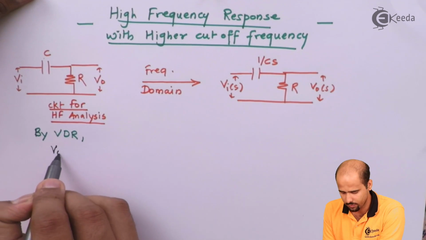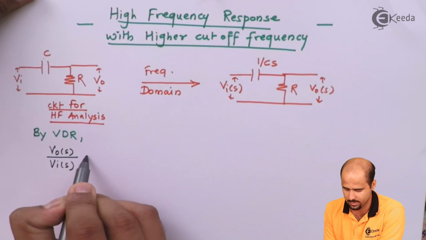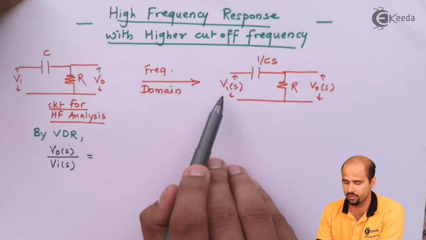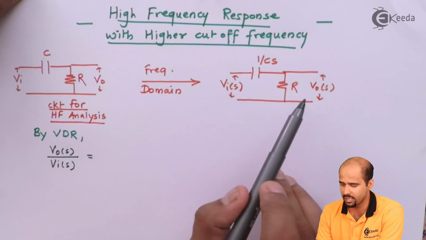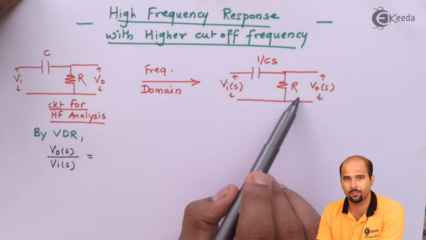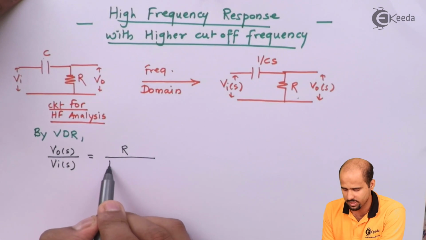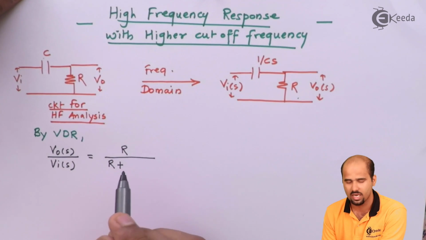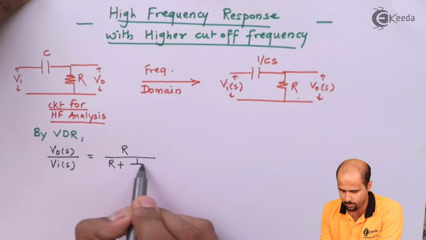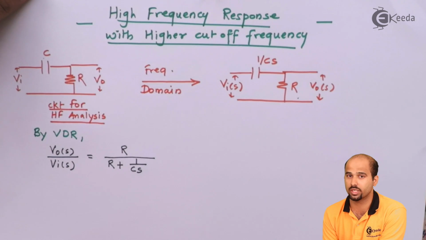VO of S divided by VI of S is equal to R divided by 1 upon Cs plus R. That is the shunt resistance divided by the sum of the shunt resistance and the capacitive reactance placed in series. This will be the term we get as our voltage gain.